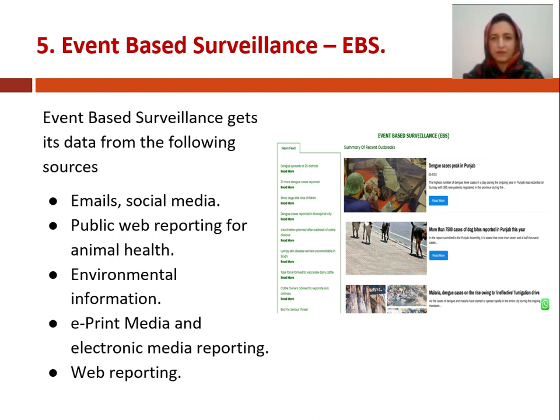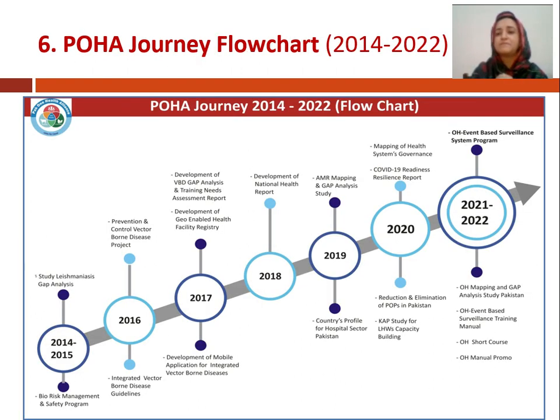A summary of disease outbreaks in Pakistan is also presented, like a dengue outbreak summary, a dog bite cases report, and a summary regarding infectious disease spread post-flood disaster. This is all depicted and presented on the event-based surveillance page of our dashboard.